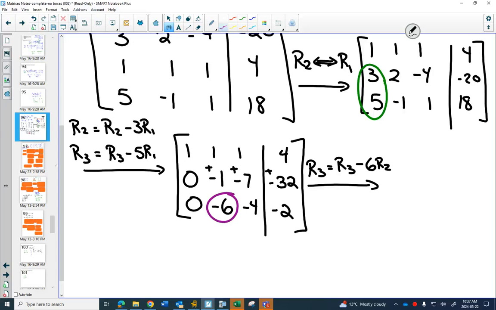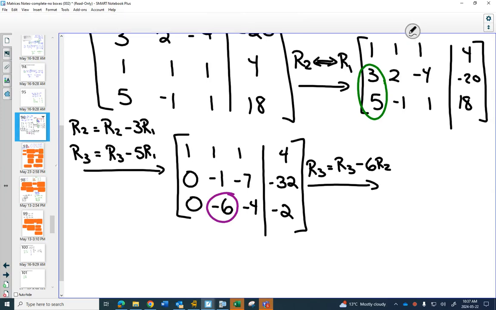And then working with positive numbers might be easier for you. That's perfectly fine. You have all of the choices that you like, whatever makes your math easier. So I could have taken row 2 and multiplied it by negative 1 and made all of those positive, but I didn't. I'm going to work with the negative and see.